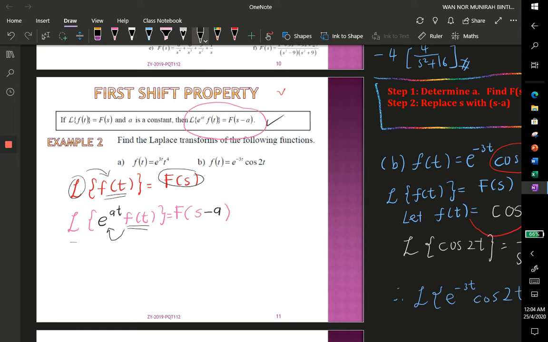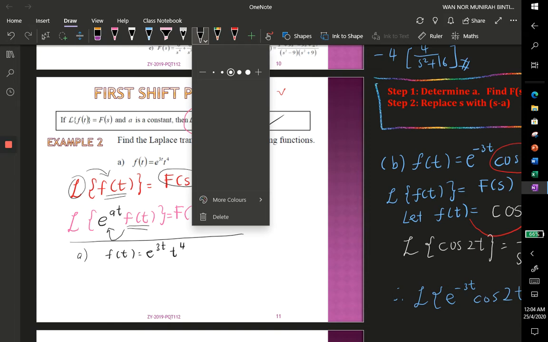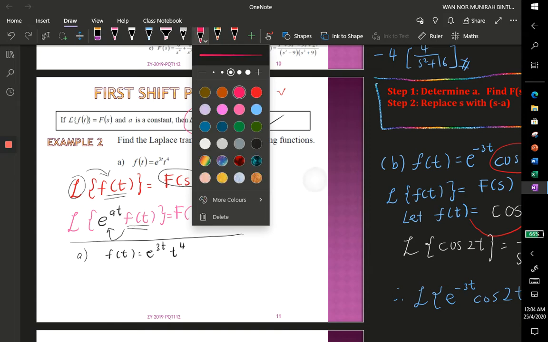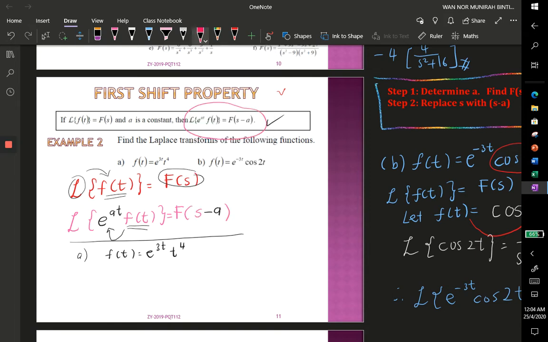So if we look at example A, you have f(t) equals e^(3t) t^4. You can't do Laplace of e^(3t) multiplied by Laplace of t^4. No such thing.